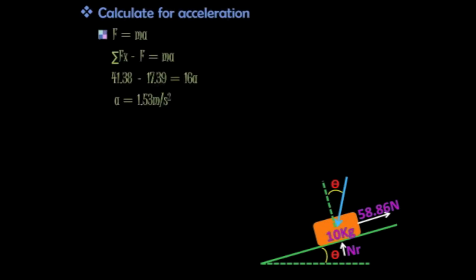The new net force is the summation of Fx minus friction. Summation of Fy is not included because it's 0. So acceleration would now be 1.53 meter per second squared after dividing the net force by the total mass.